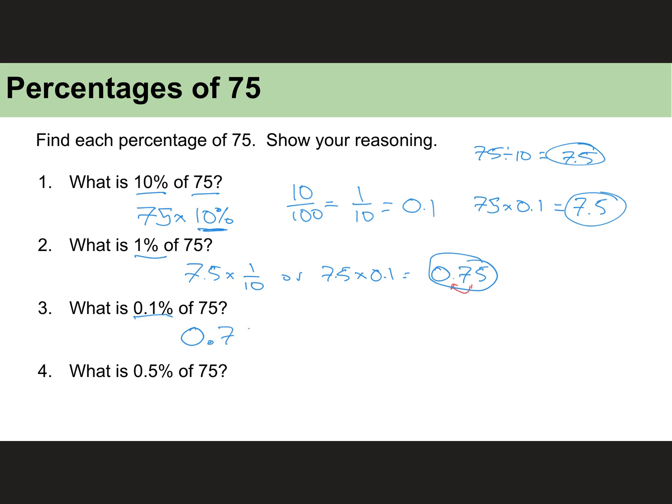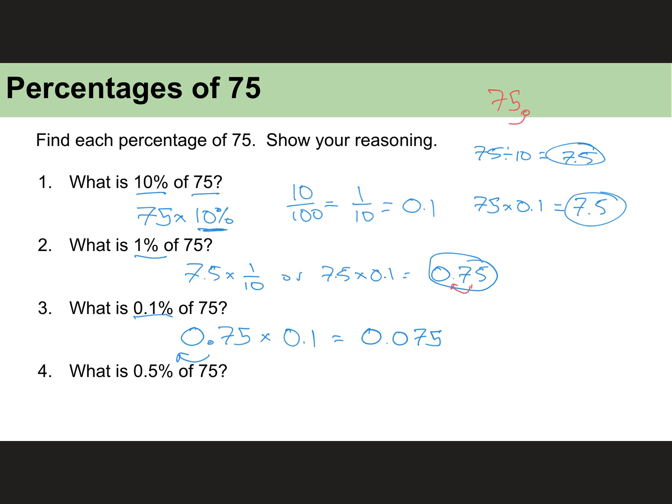So 0.75 times a 10th is going to give me my solution. And every time I multiply by a 10th or divide by 10, my decimal place moves 1 to the left. So in this case, my answer is going to be 0.075. If you notice, every time I multiply by a 10th or divide by 10, my decimal place continues to move over.